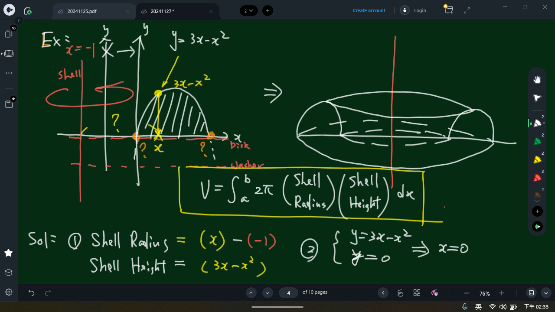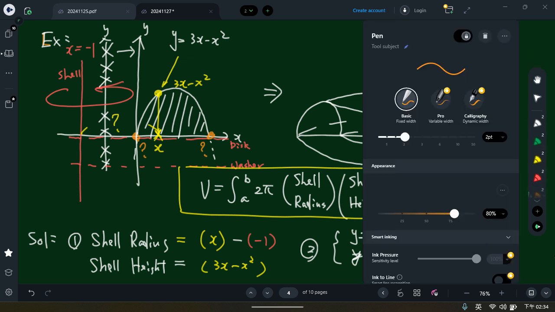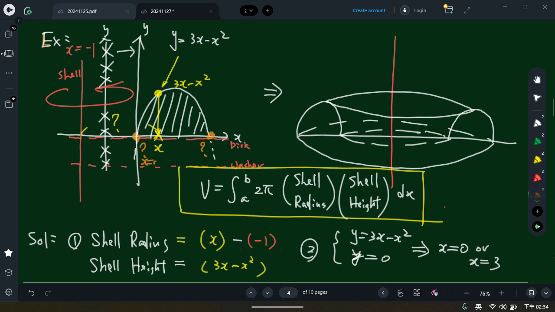Okay, so x is either 0 or x is equal to 3. So these two points: x should be 0 or x should be 3.